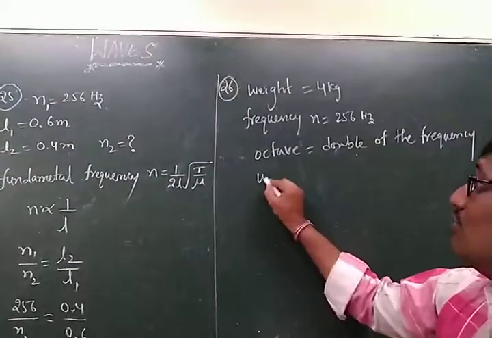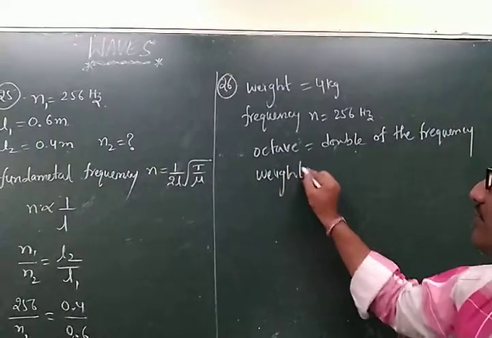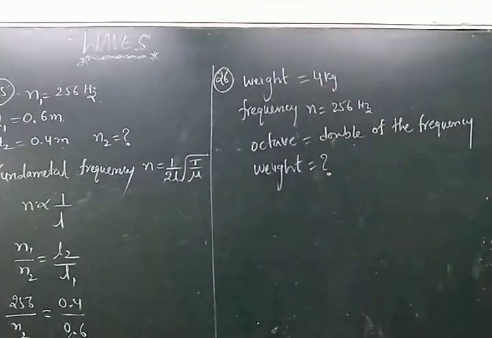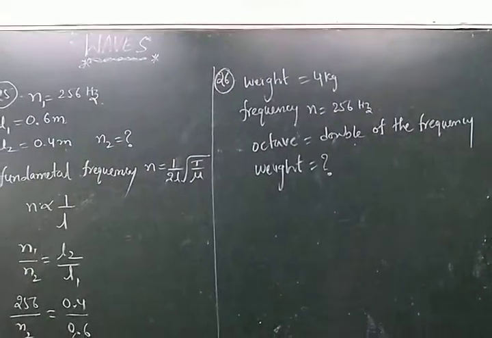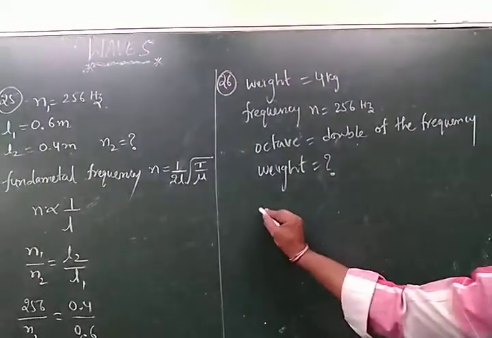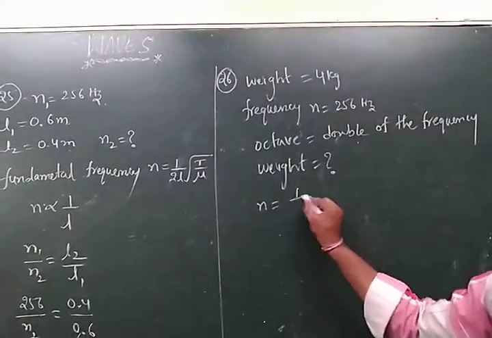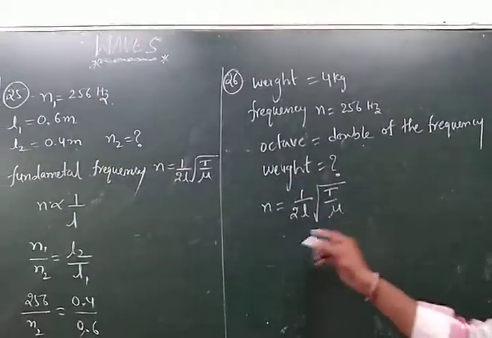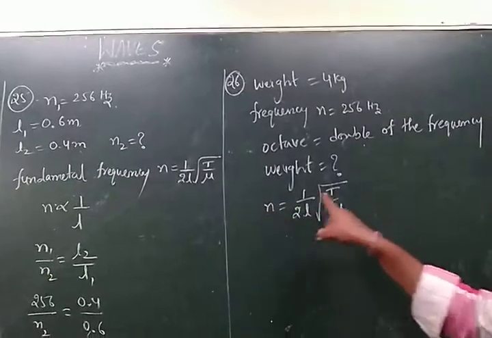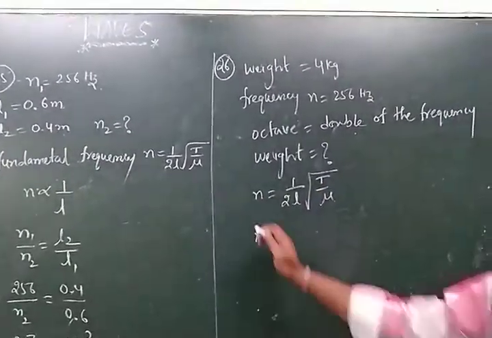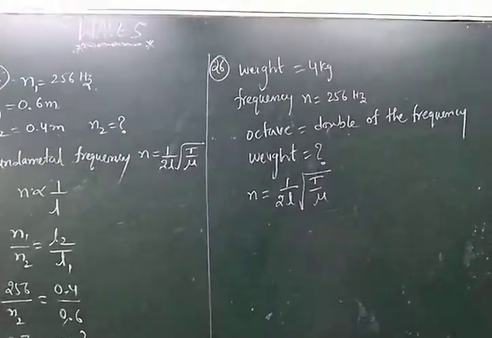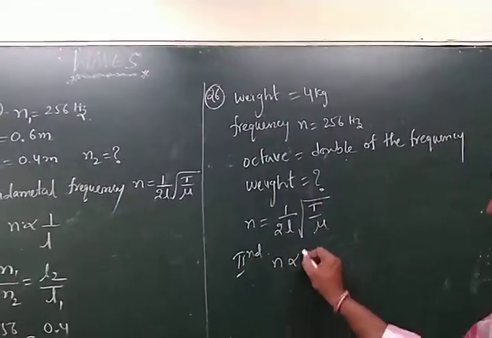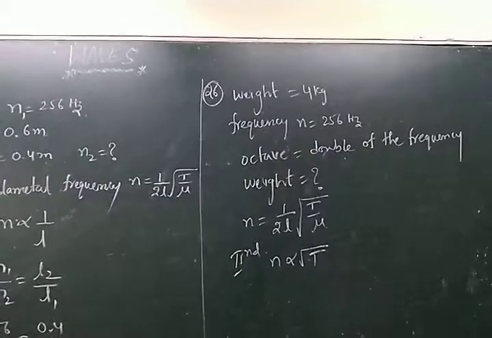Now how much weight is needed when the frequency is doubled? So what will be the change in weight? Again we take the fundamental frequency formula, N is equal to 1 by 2L under root of T by mu. That means N is directly proportional, according to the second law of vibration, to the square root of the tension.